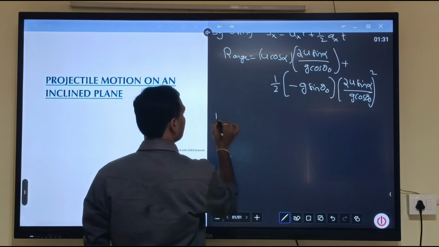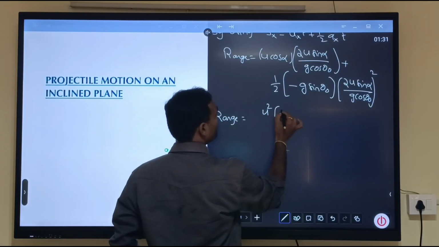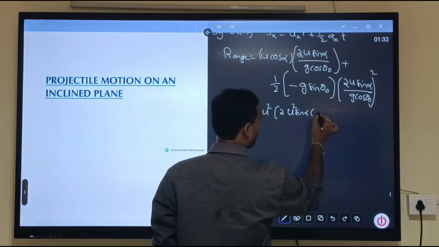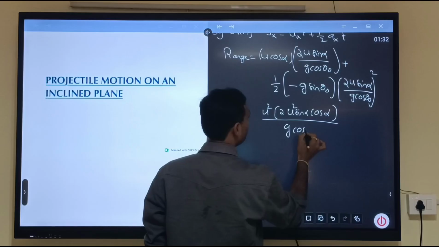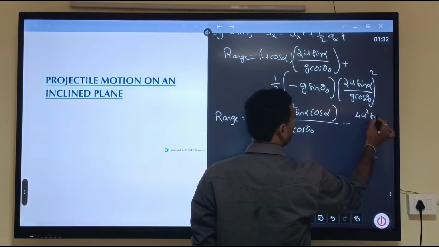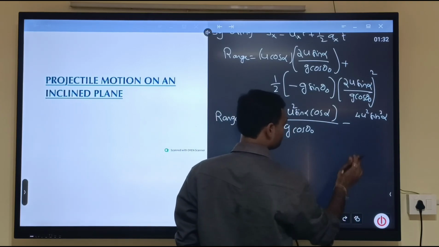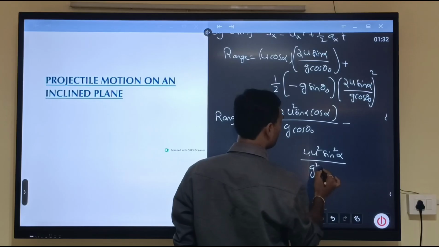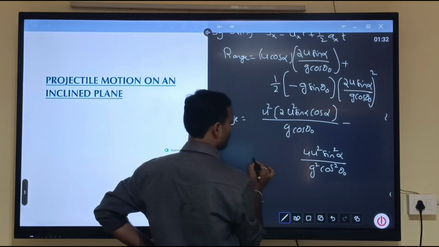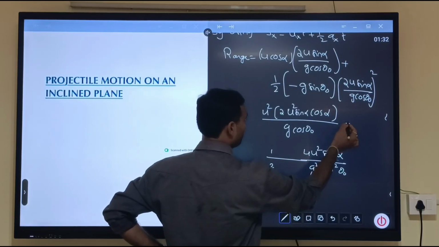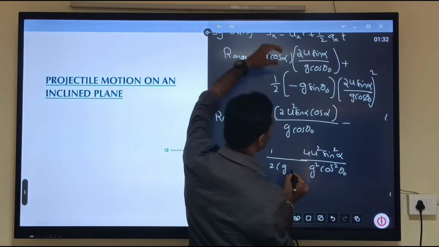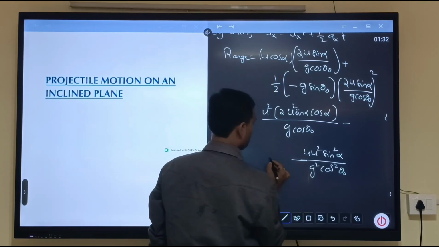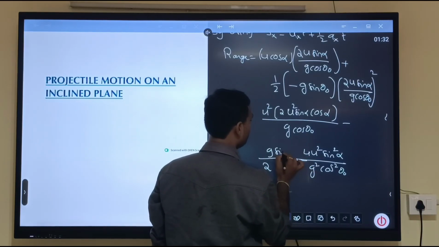Clear? Right. Now we can write range is equal to u square into 2u sin alpha cos alpha by g cos theta naught minus 4u square sin square alpha by g square cos square theta naught, and this is 1 by 2 g sin theta naught in the numerator.